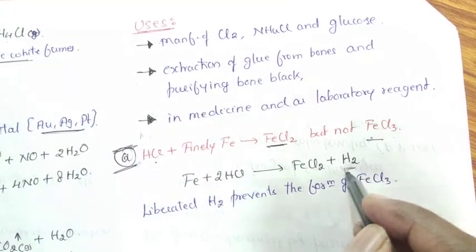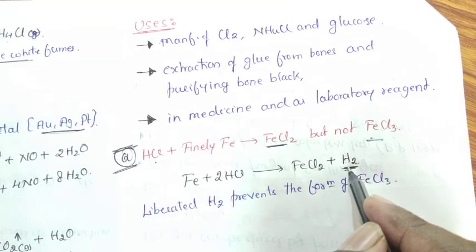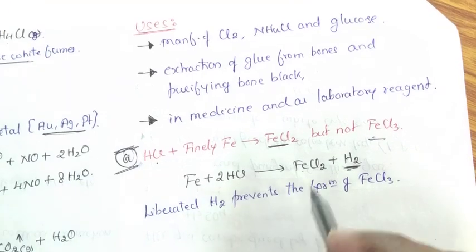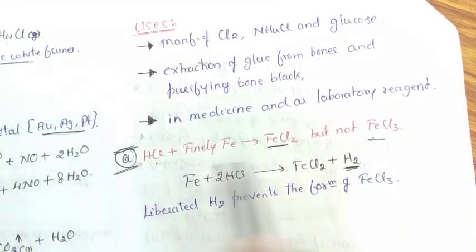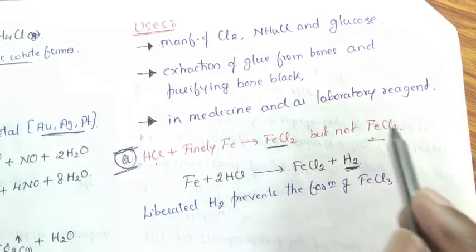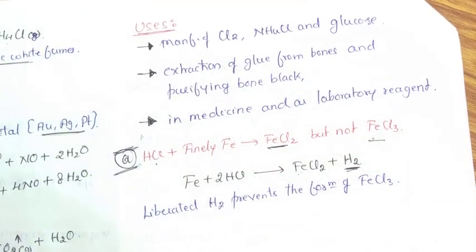Give reason. Very simple question. The reason is, during this process hydrogen gas is liberated, which prevents further oxidation of ferrous chloride to ferric chloride. Hydrogen does not allow this ferrous to convert into ferric. Note it down.